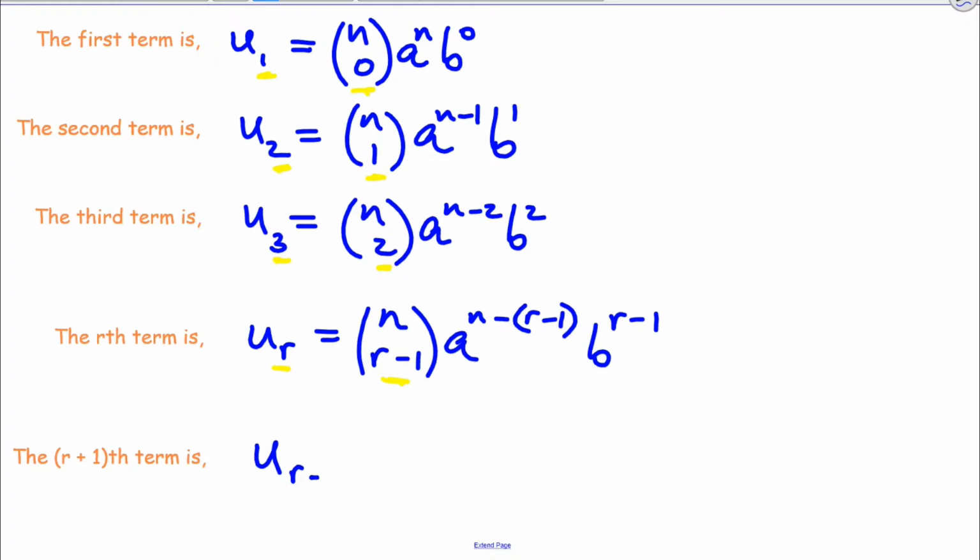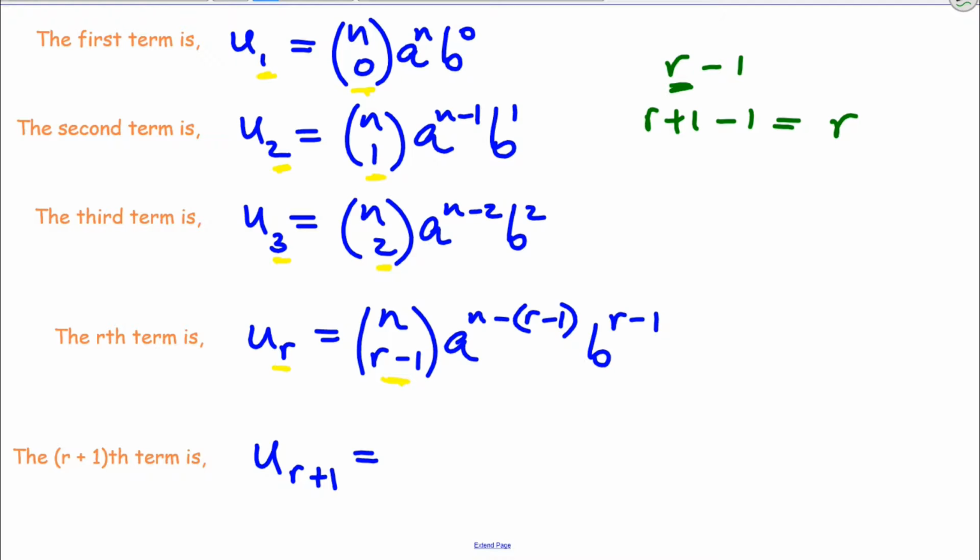Which means the (r + 1)th term, u_(r+1), will be equal to, now here, if you have r minus 1 and you plug in r plus 1 in place of r, this simplifies to r.